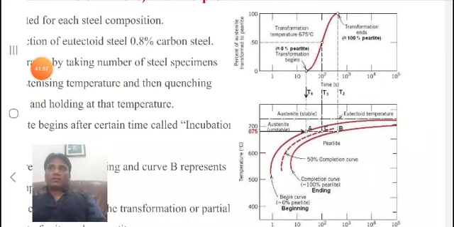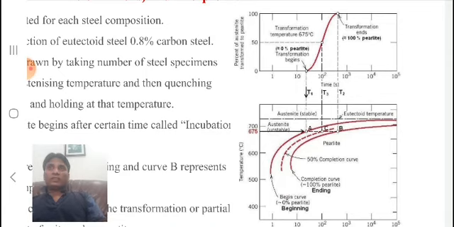So in the next video we will be discussing what the critical cooling curves are, CCC. Actually critical cooling curves are called CCC curves. These curves will explain what microstructure we will get if we continuously cool.